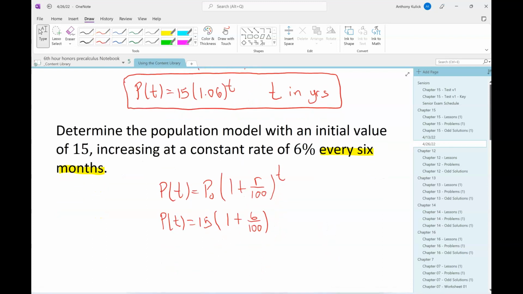So first thing we should do is pick a unit for t. There's really 2 appropriate units that we could use. What would those 2 units be? Okay, so one could be in months, and the other would be in years, right?